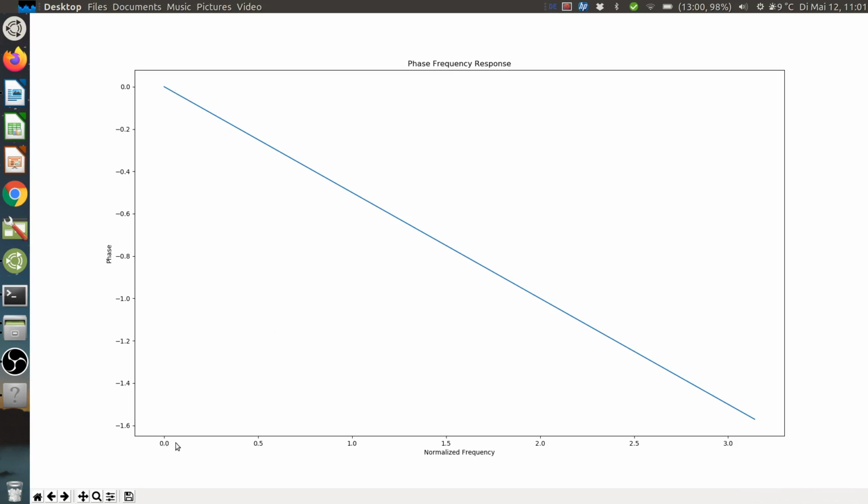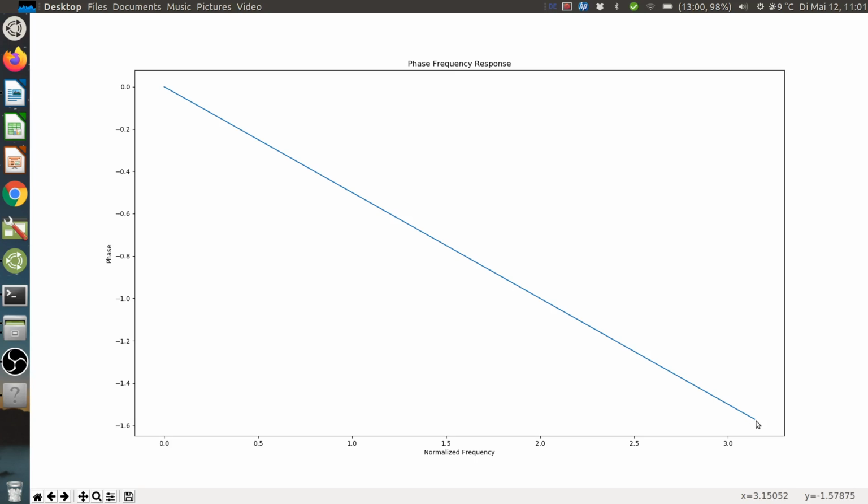Here you can see again the normalized frequency, and vertically now is the phase angle in radians. Here we have minus pi down here, minus pi over 2. Minus pi over 2 is actually 90 degrees, minus 90 degrees. That would correspond to half the Nyquist frequency, but here it's not really related to the frequency, but really just the phase.